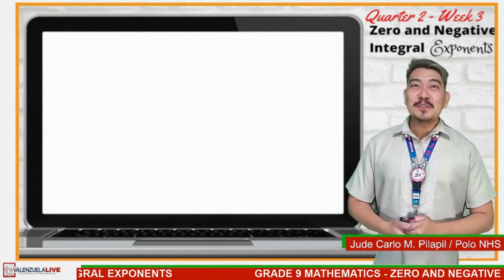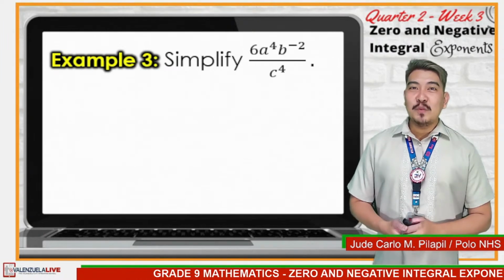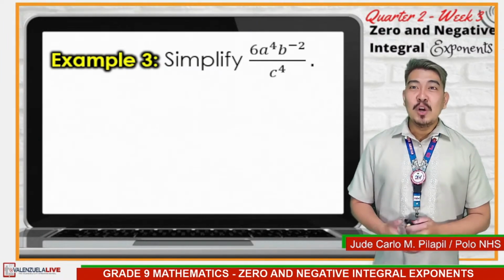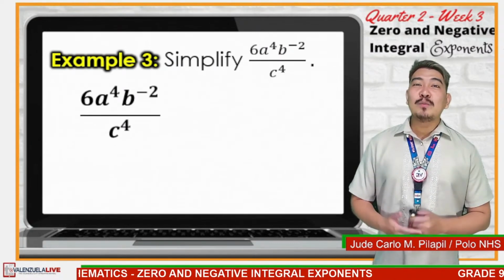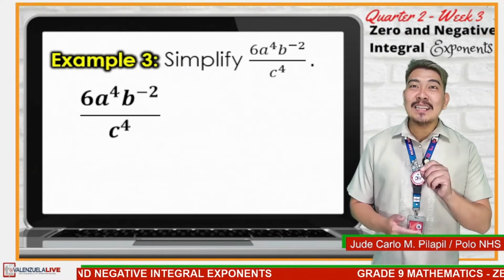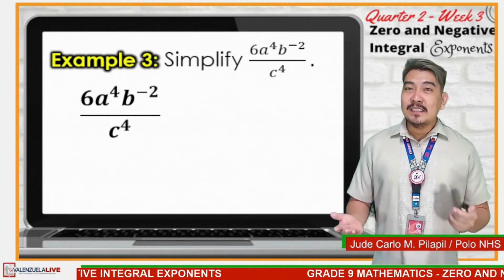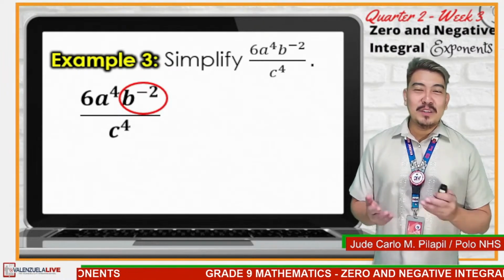Let us proceed to example number 3. Simplify 6a raised to 4, b raised to negative 2, all over c raised to 4. It is important to observe and identify the factor that has the negative exponent. In this case, it is b raised to negative 2. Very good.